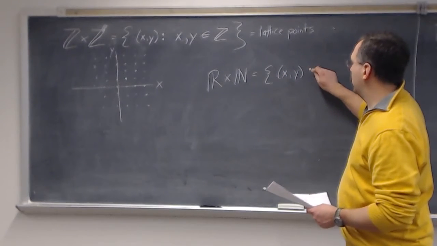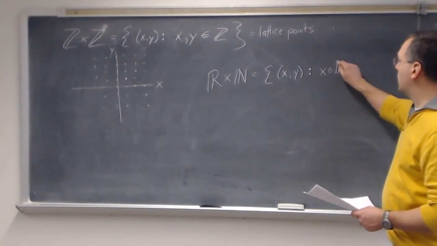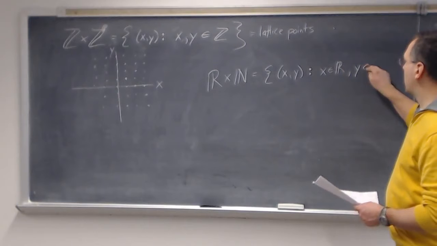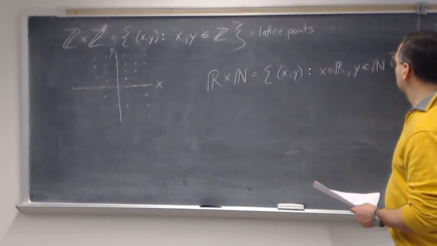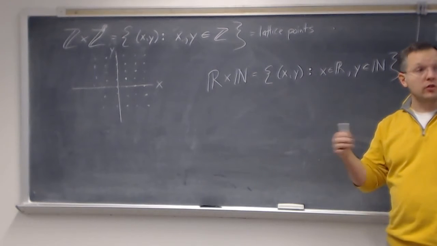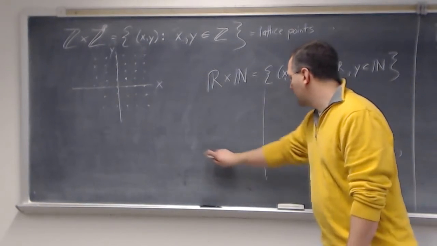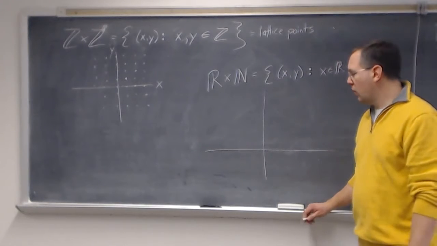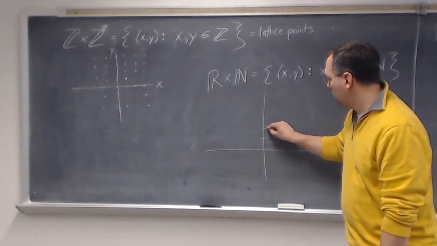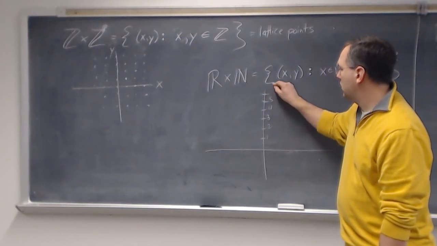They're a set of ordered pairs x, y, where x is a real number, but the y coordinates are all natural numbers. The y coordinates are only allowed to be 1, 2, 3, 4, 5, and so on. So what would this look like?